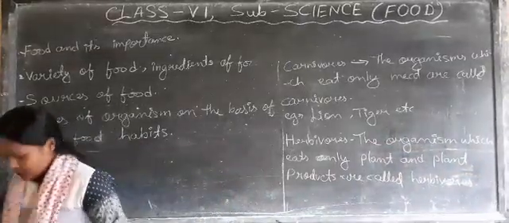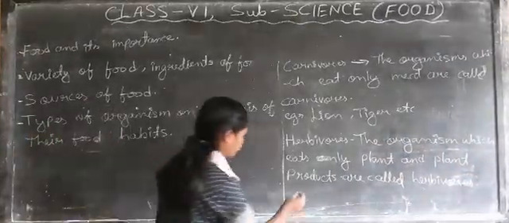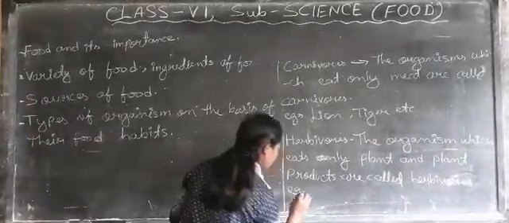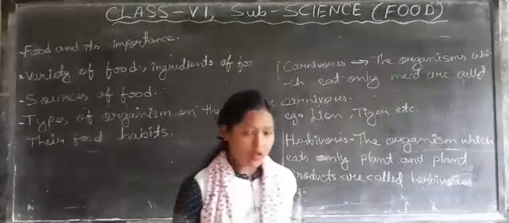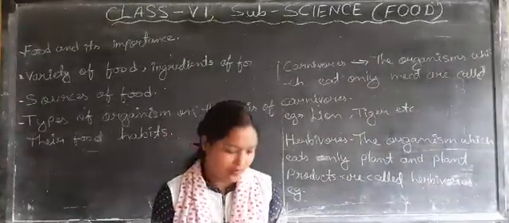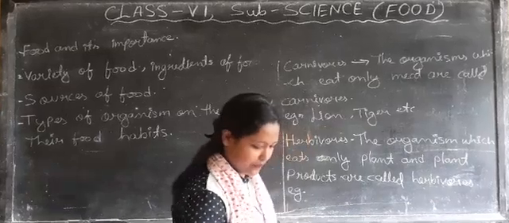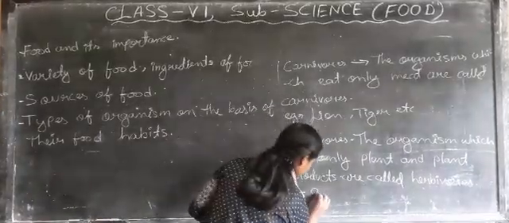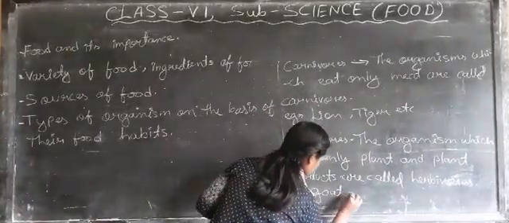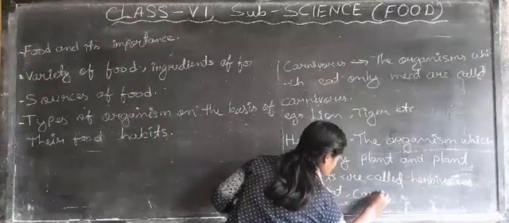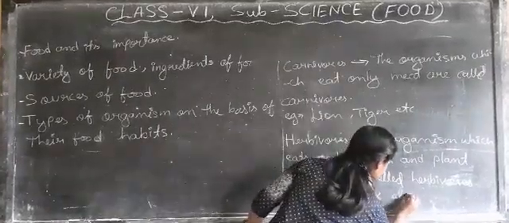Now give me an example of herbivore. That is the organisms that eat only plants and plant products. For example, goat, cow, etc.